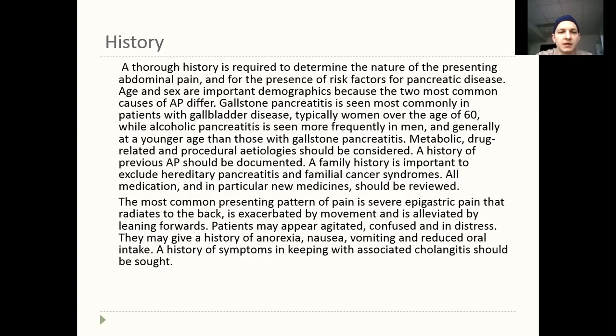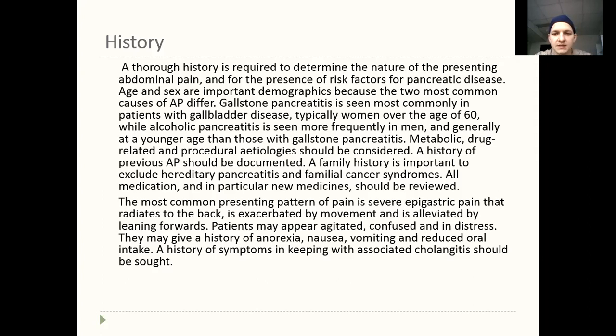A full history is required, determining the nature of the presenting abdominal pain and for the presence of risk factors for pancreatic disease. Age and sex are important demographics because the 2 most common causes of AP differ.